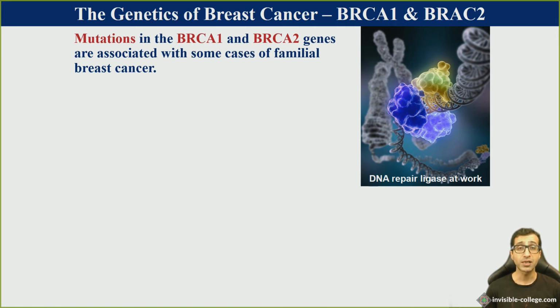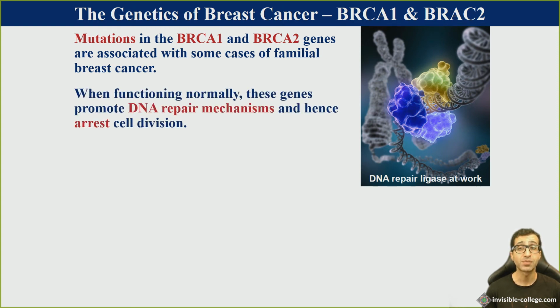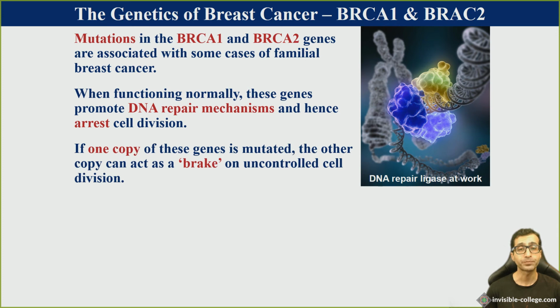Now, when functioning normally, these genes will promote DNA repair mechanisms and therefore will arrest cell division under conditions where the cell is likely to become cancerous. Now, if one copy of these genes is mutated, the other copy can act as a brake on uncontrolled cell division.